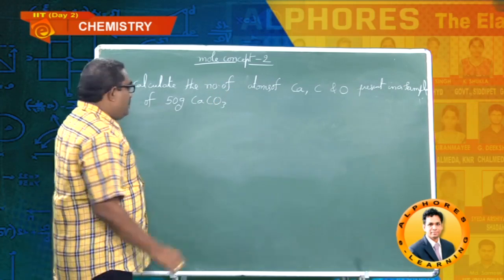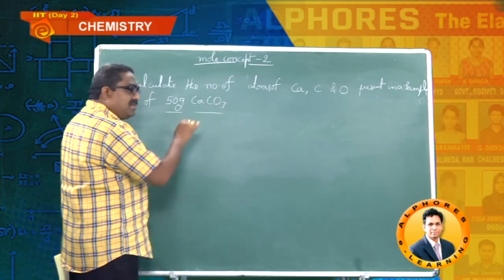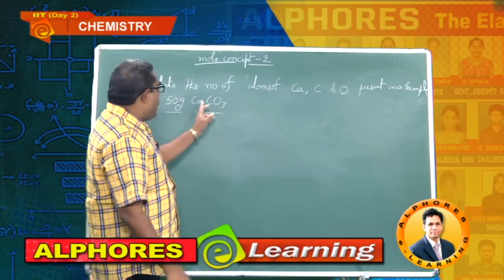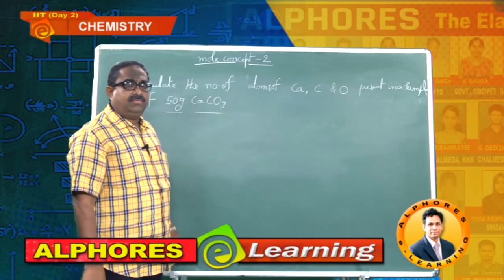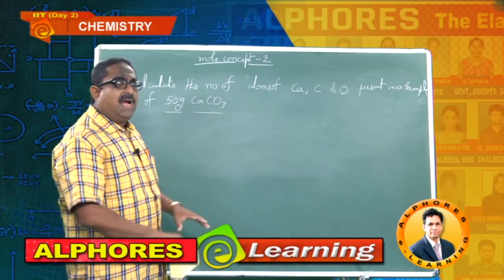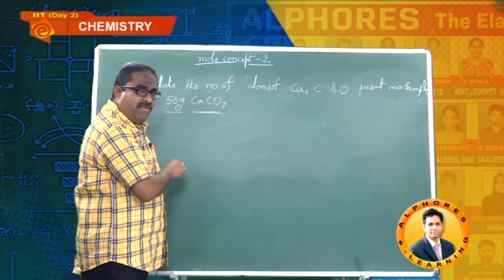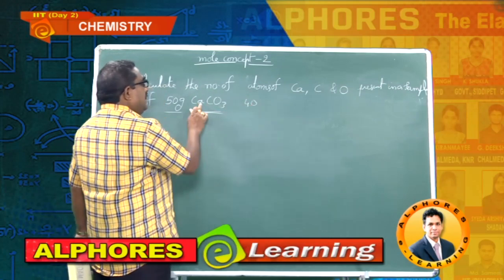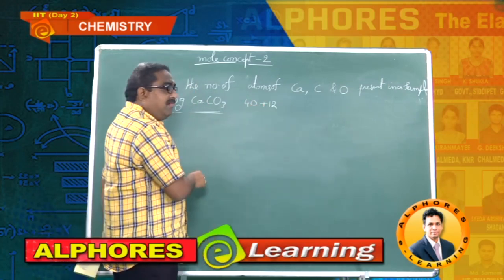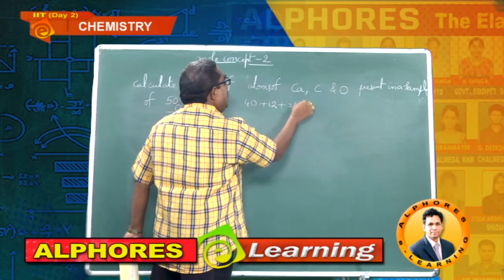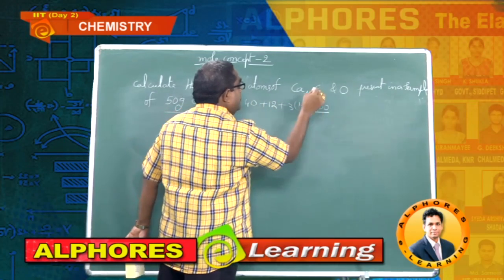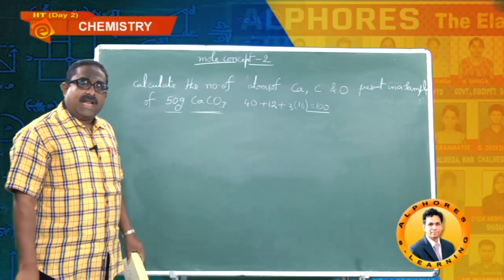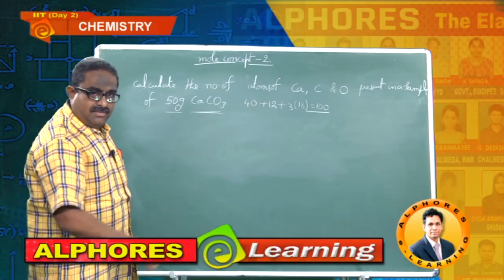First of all, this is a substance. This substance possesses some molecular mass, or formula mass if it is an ionic compound. First we have to estimate that by adding the respective atomic weights. Calcium atomic weight is 40, carbon 12, oxygen 16, so it comes around 100. So 100 grams is the molar mass or formula mass of calcium carbonate, that is limestone, right students?